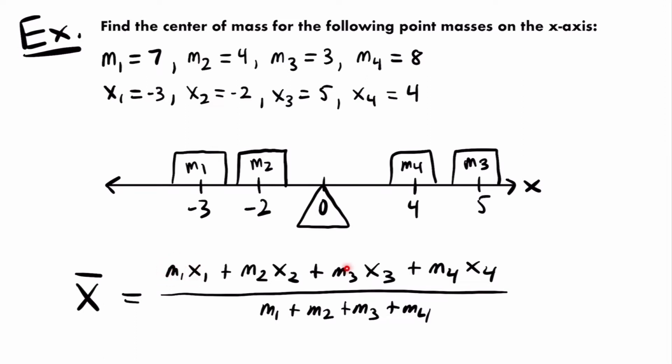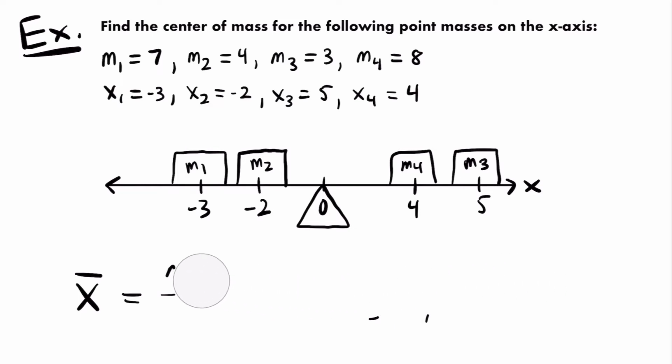We're adding up the moment for each of our masses individually, and we are dividing by the total mass of the system. That calculation will look like this.